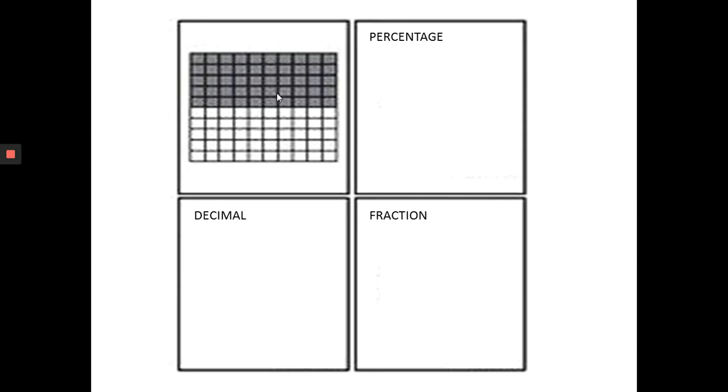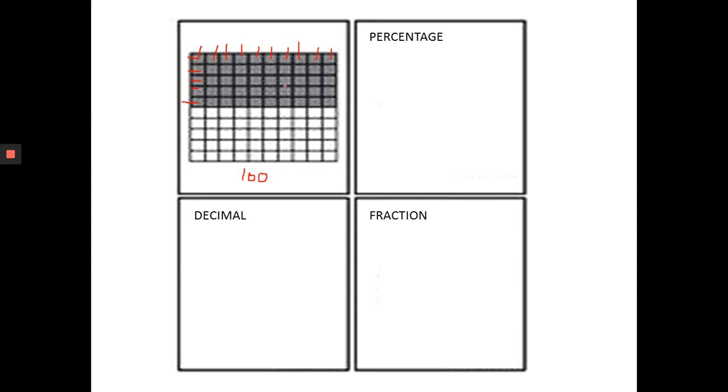So here's the diagram. Okay, this is again in 100 parts. You see here the black parts are 1, 2, 3, 4, 5, 1, 2, 3, 4, 5, 6, 7, 8, 9, 10.